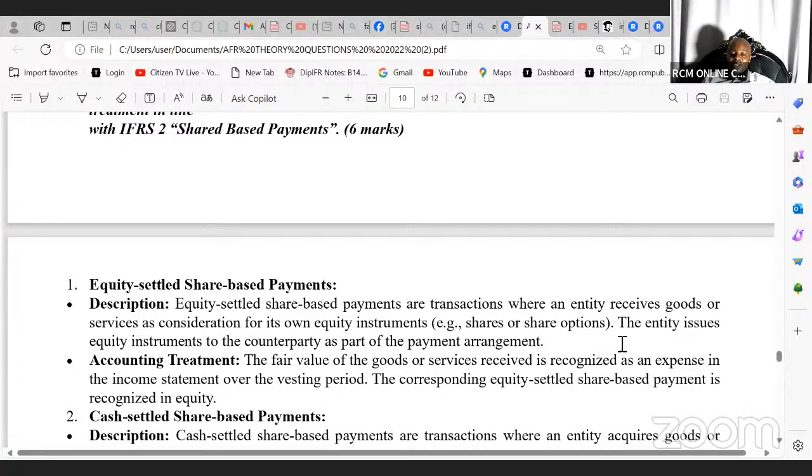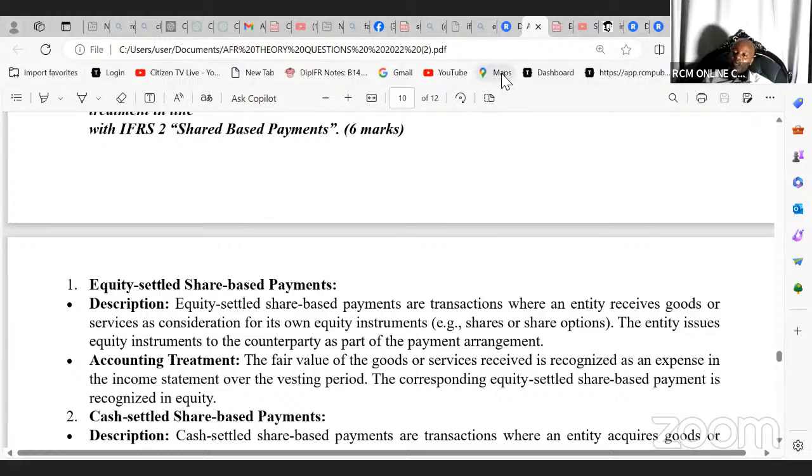The entity issues equity instruments to the counterparty as part of the payment arrangement. Accounting treatment: the fair value of the goods or services received is recognized as an expense in the income statement over the vesting period. The corresponding amount is recognized as equity.